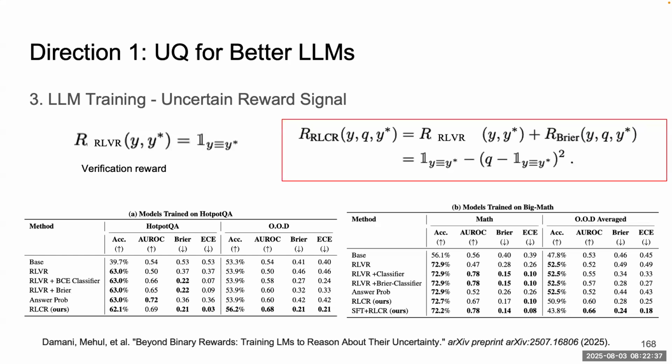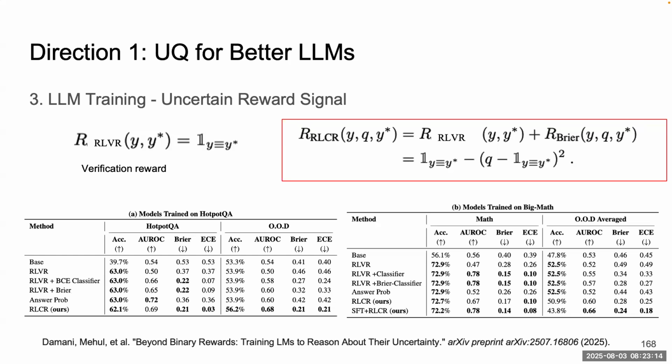But this method here is called RLCR. It's using the confidence as an internal reward, and it's no longer 0 and 1s. They are having Brier scores. Like I said before, you can use Brier score. You can also use other confidence measures to integrate into your reward signal, turning non-binary labels into a scalar value.